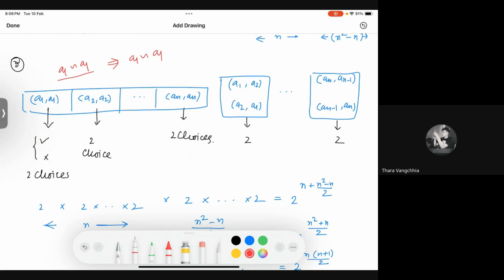Similarly, (A2, A2) also has two choices, and (An, An) also has two choices. How many elements are left? N square minus n elements. Is it an even number? Yes, n into n minus 1: if n is even, then n into n minus 1 is even; if n is odd, then n minus 1 is even. So n square minus n is always even, right?